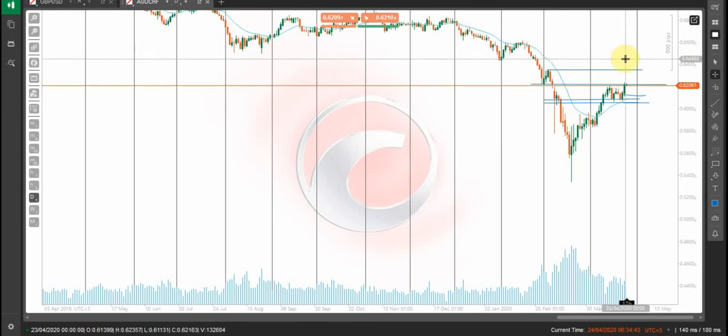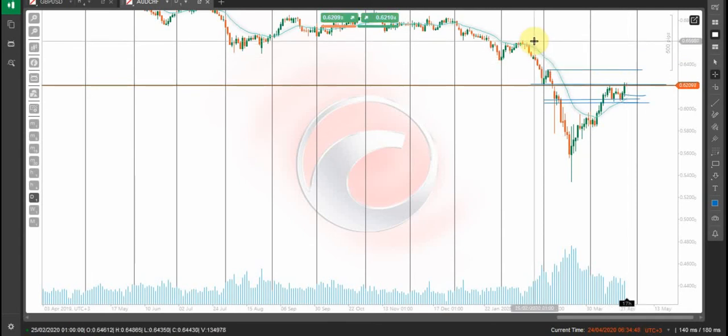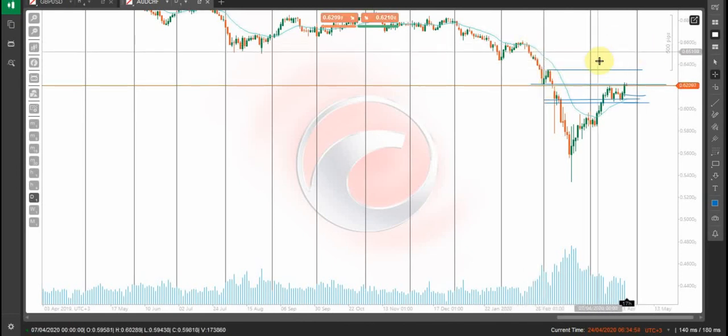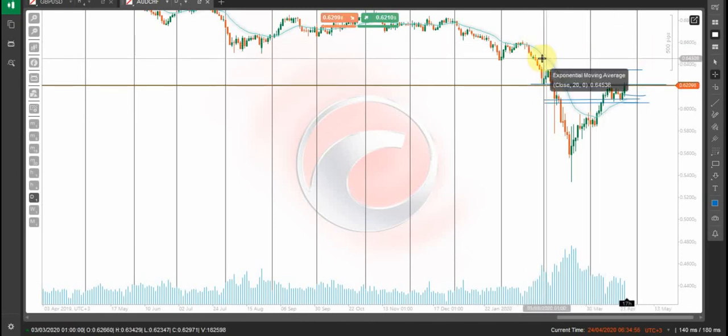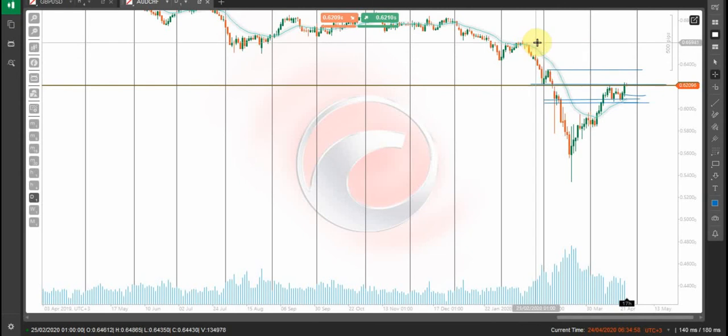This is a resistance also. This is a breakout point, and this is the start of this movement of the bears. So this could be a good target at this level or at this level.